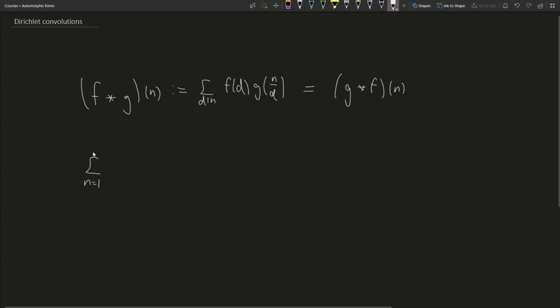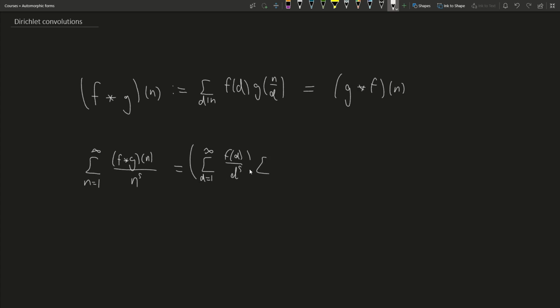If you have a Dirichlet series of a Dirichlet convolution, then this ends up being the product, the sum over d from 1 to infinity of f of d over d to the s times the sum over m from 1 to infinity of g of m over m to the s.